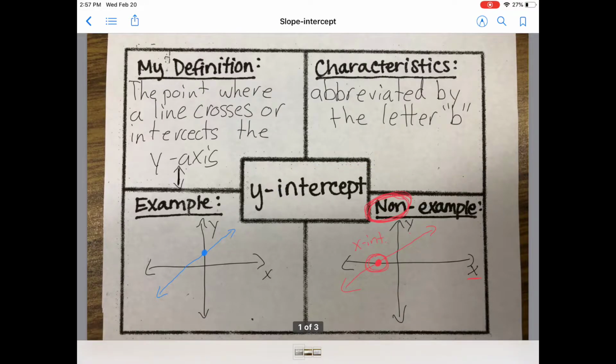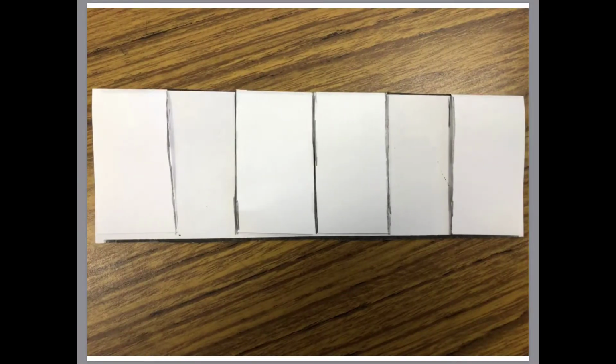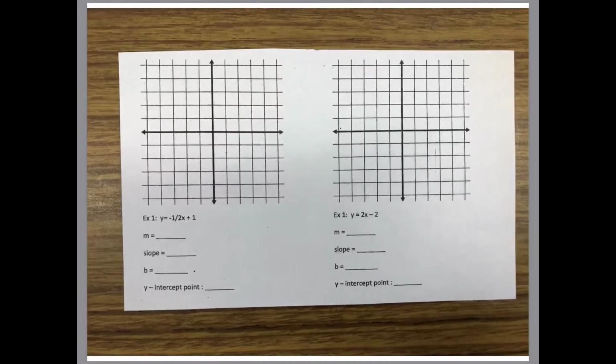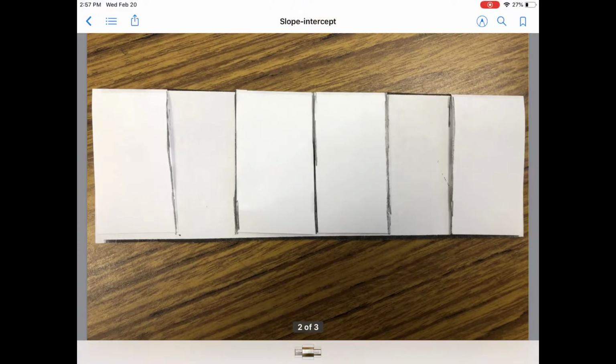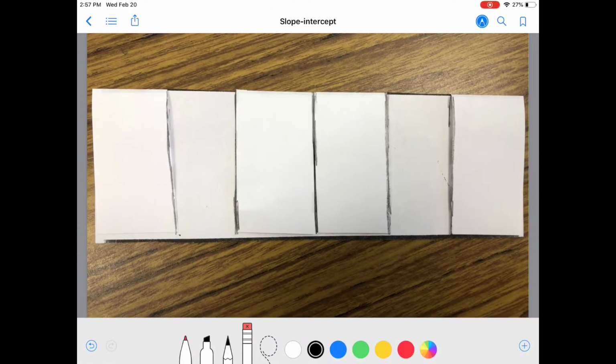Alright. So then we went on to our y equals mx plus b, or slope-intercept form, where our formula begins. So in this, we have y equals mx plus b.